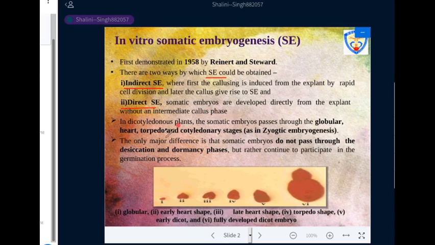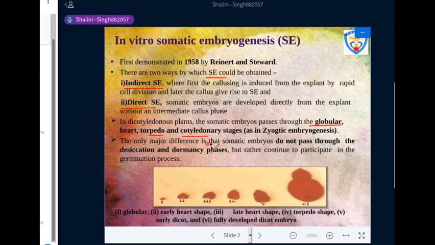In dicotyledonous plants, somatic embryos pass through the globular, heart, torpedo, and cotyledonary stages. So these are the four developmental stages of the embryo: one is globular, second is heart, third is torpedo, and fourth is the cotyledonary stage. It is similar to what happens in zygotic embryogenesis after fertilization.